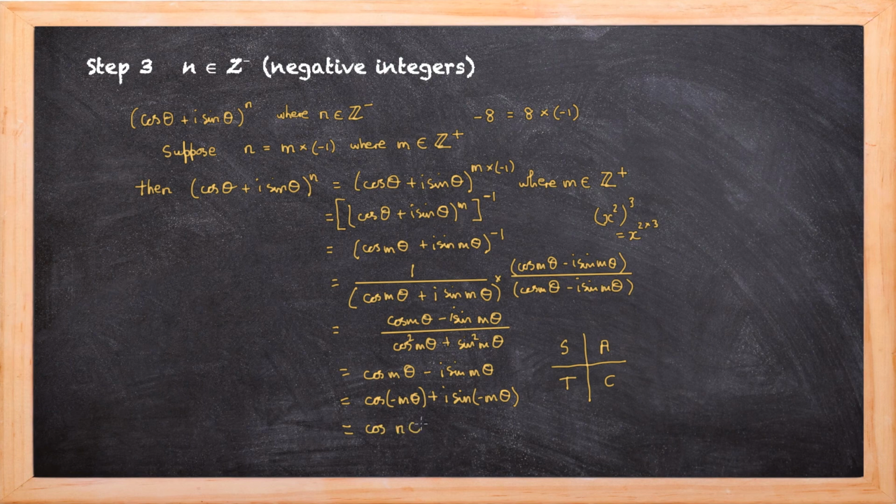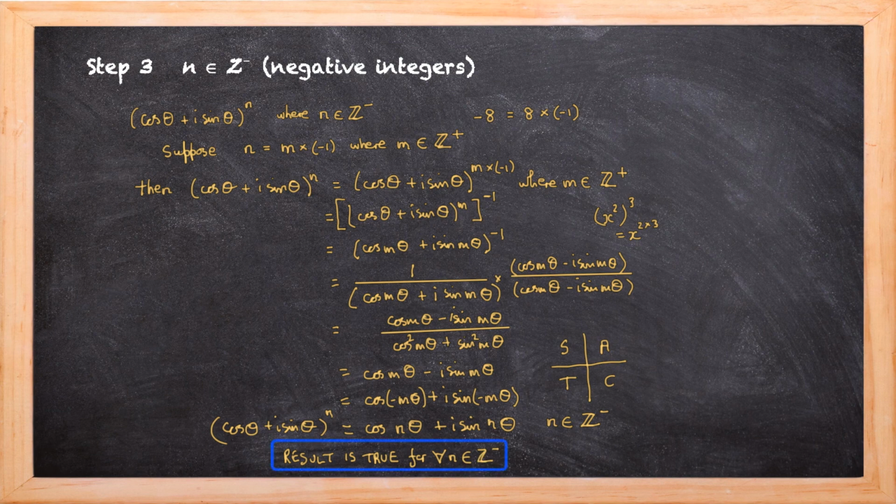And we've now got n theta, because remember negative m is n, and there is de Moivre's theorem, where n was a negative integer. So, in summary, the result is true when n is a negative integer.